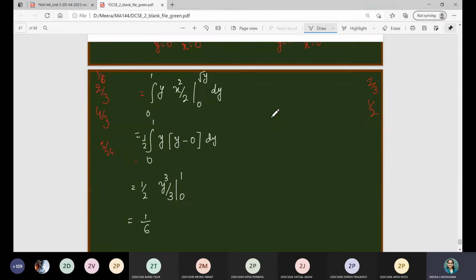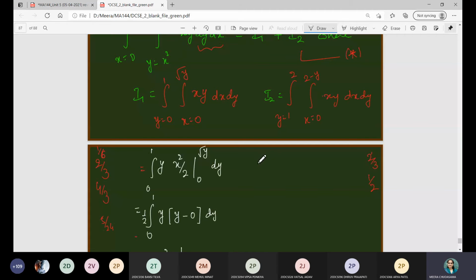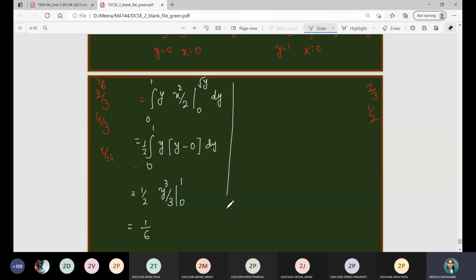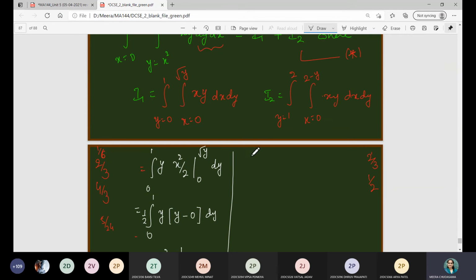Now come to this one, I2. So when we solve I2, again the x variable is the inner integration, so the y variable will be treated as constant. So y times x square by 2 is the integration of x varying from 0 to 2 minus y, dy.